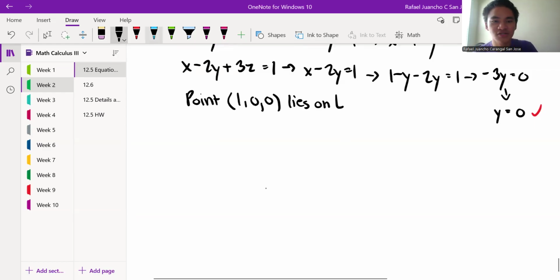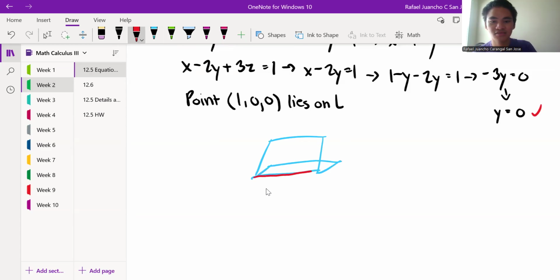I'm going to draw it out because I have no idea. Let's say we have this plane. Our line L is this thing. We have some vector here that's pointing there. Then we have another vector here. And so we're saying that this vector, apparently, I have no idea how that happened, but both vectors are perpendicular.